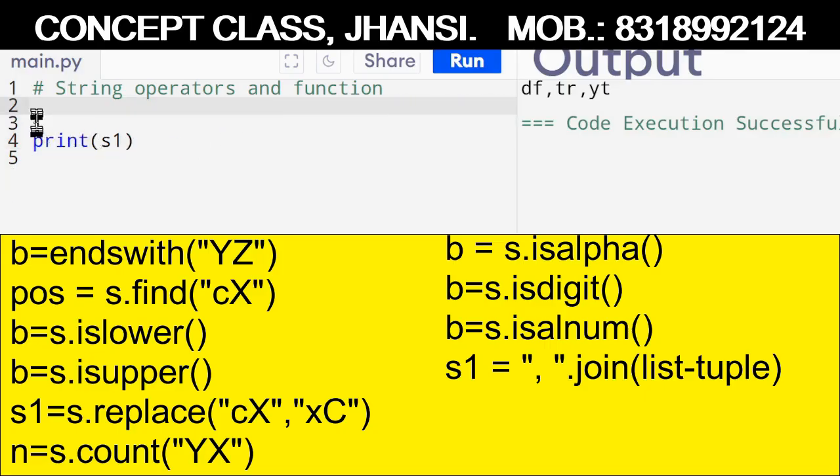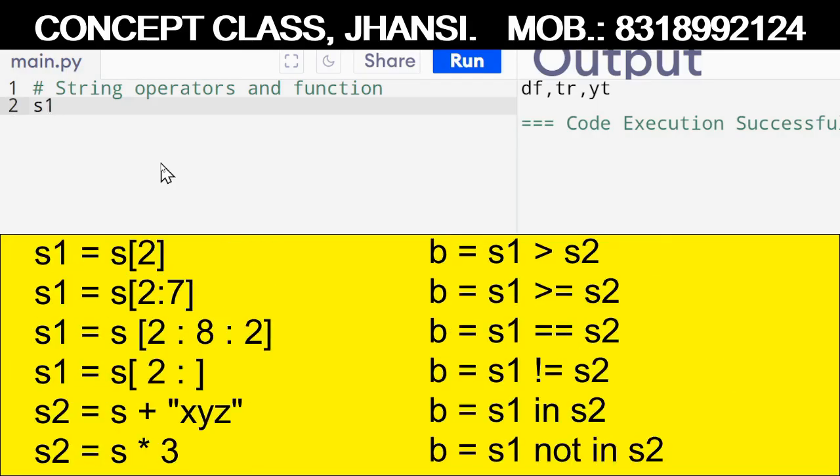Now let's see how we can get individual characters of a string. S1 is equal to, let it be, A B C D, A B C D. Now we are using the operator, we will not use the functions. Functions we have already covered.